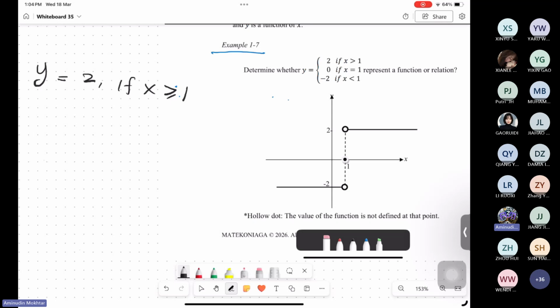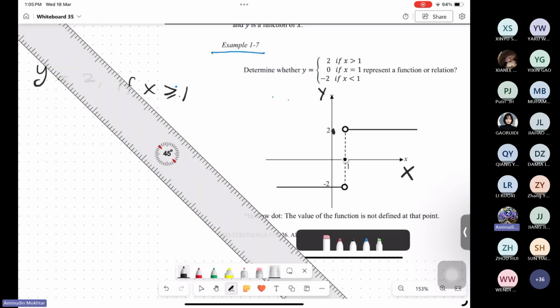Now we have the y-axis and x-axis as usual. Now we need to draw a horizontal line where y equals this value.